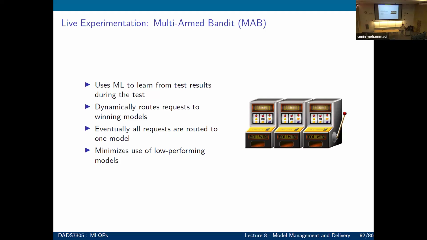Over time, these 3 keep getting traffic and compete with each other. For the model that starts showing better accuracy or better performance, you increase the traffic toward it. You keep doing that until one certain model gets all the traffic. You let the models compete, look at their error or performance, and then gradually increase the traffic to the better model.